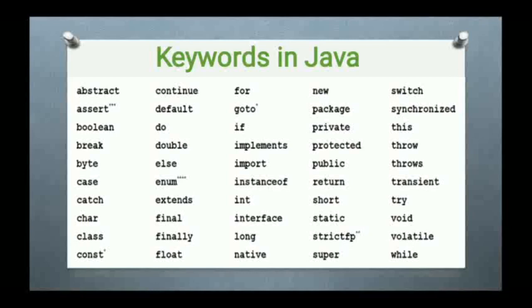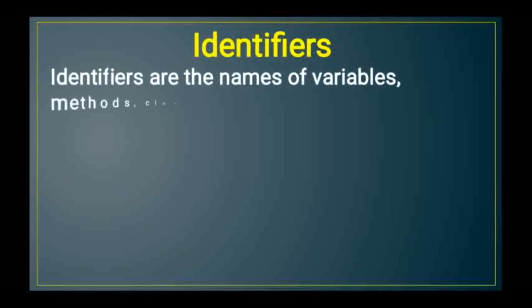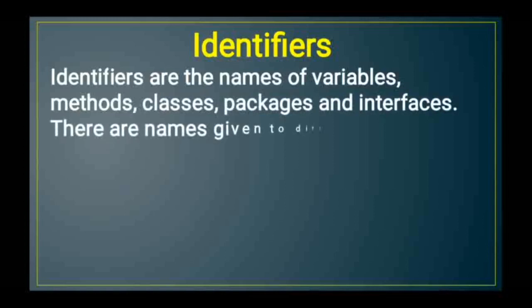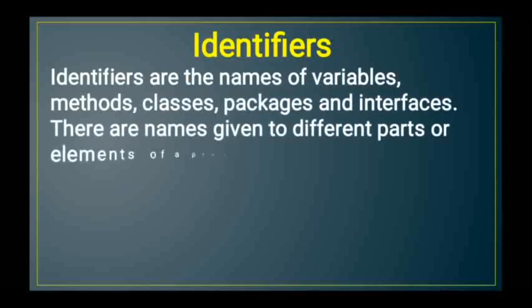So now we'll discuss the next token, which is identifier. Okay, so our next topic is identifier. Identifiers are the names of variables, methods, classes, packages, and interfaces.